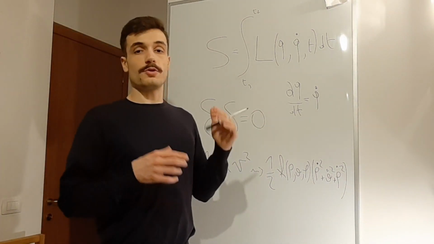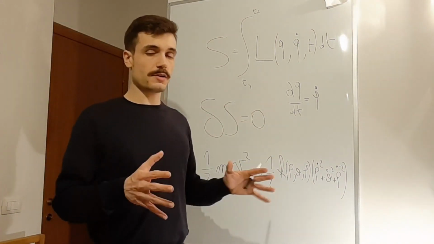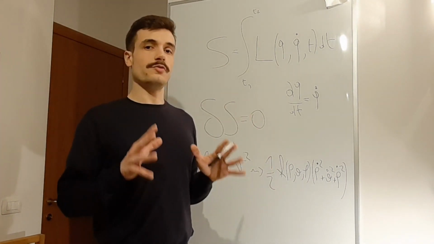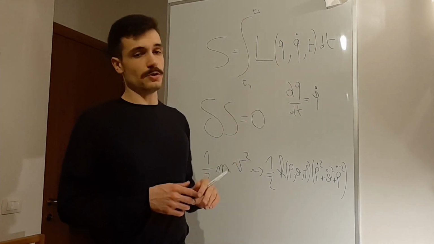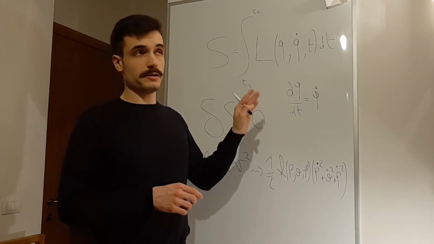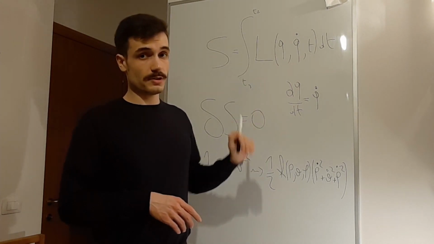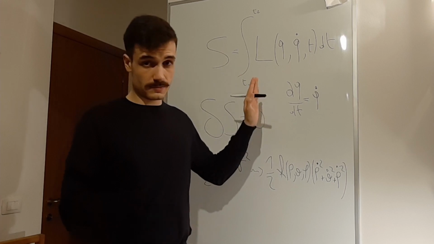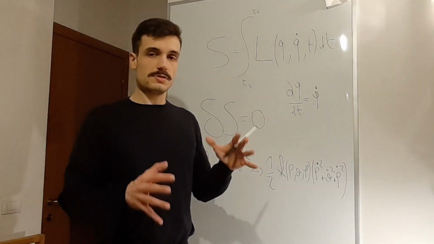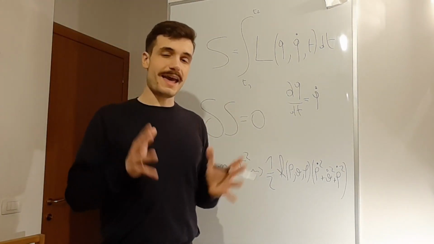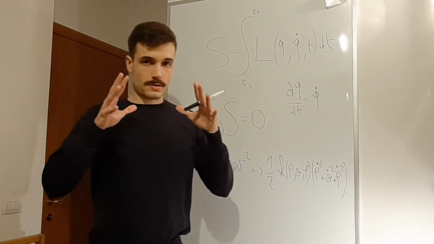So it will work with Cartesian coordinates, spherical coordinates, whatever kind of coordinates you decide to use. And that's why you use q and q dot. q is called generalized coordinates or generalized positions, and q dot generalized velocities, to say that there can be any kind of coordinate system.